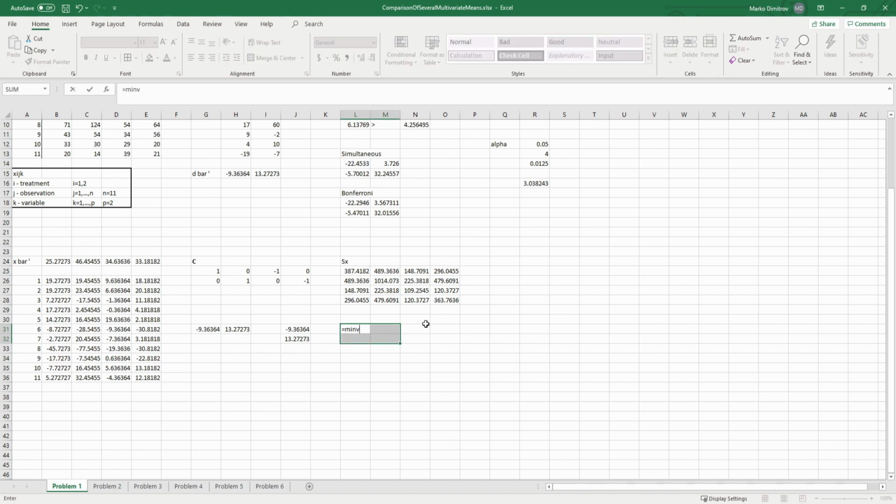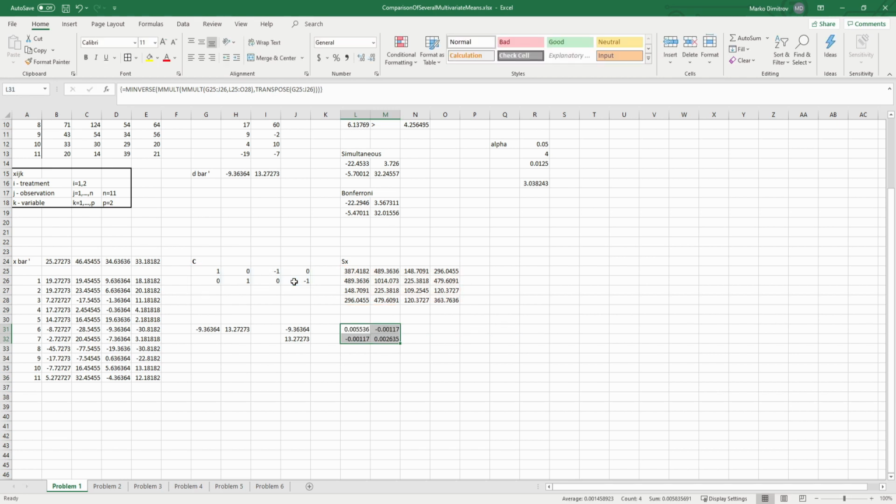We have 3 matrices, so we need at least 2 matrix multiplications. So the matrix multiplication of our C, then our Sx, and in the end the transpose of C, closing the parentheses for the transpose, the matrix multiplication, and the inverse.